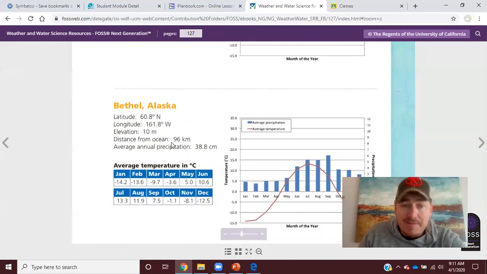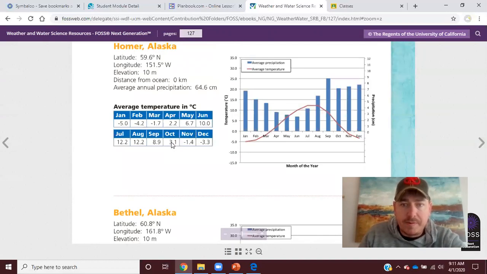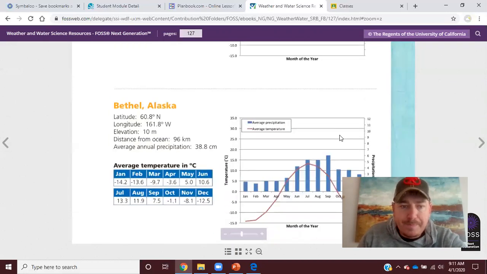Bethel is about 75 miles away from the ocean. So that's where you have your comparative difference. And you have your chart here that shows the blue is annual precipitation, and the red line, the bell curve, shows average temperature for each month.